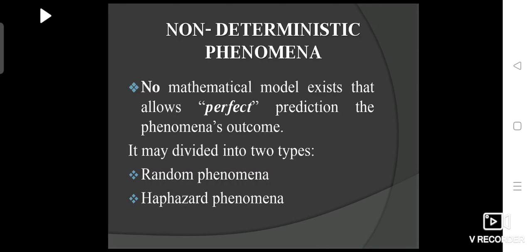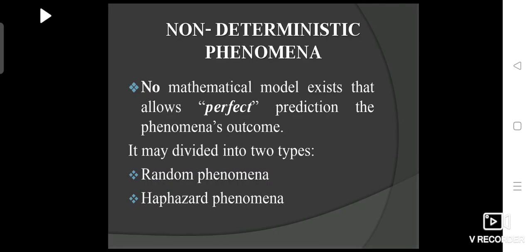If you have a bucket of balls with different colors and you randomly pick one ball, that is called a random phenomenon. It is also a long-term process, and you get a better prediction of your data.